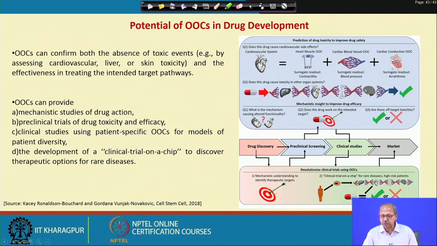If it does not pass these studies in the organ on chip model, then it should not proceed further. This will help a drug development project decide whether to proceed or not at an earlier stage, and it will decrease the cost of drug development.